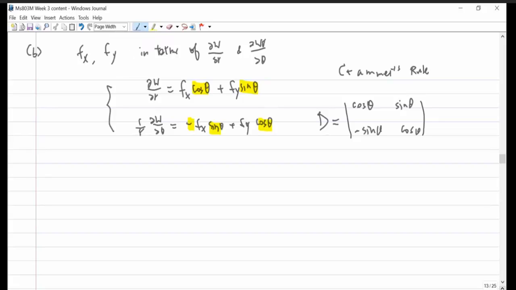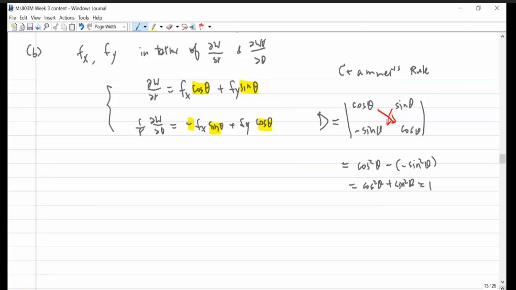This determinant is AD minus BC, so you have cosine squared plus sine squared, which is 1. Cosine squared plus sine squared is 1.